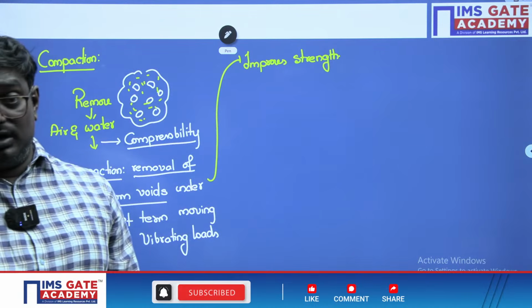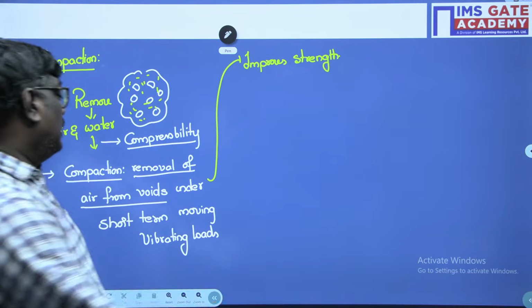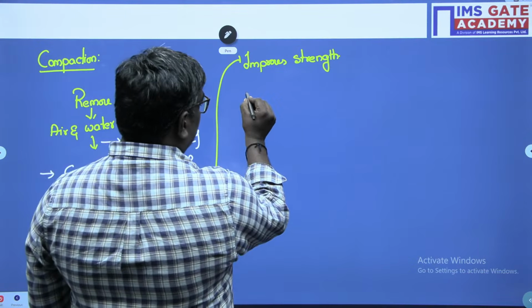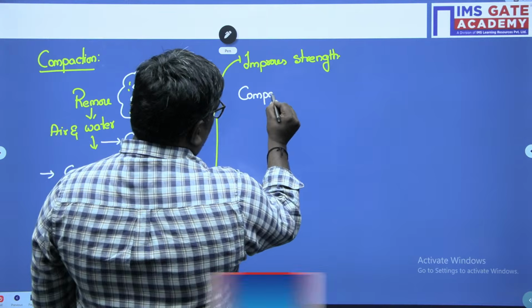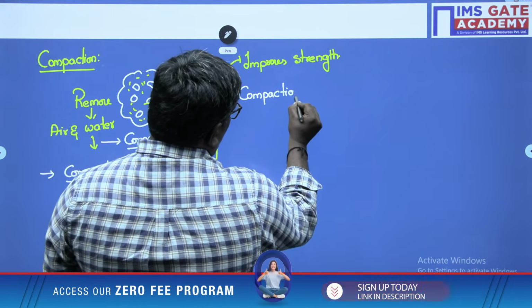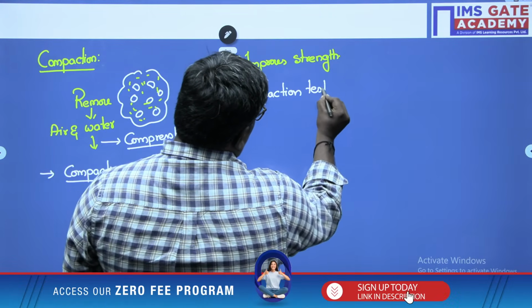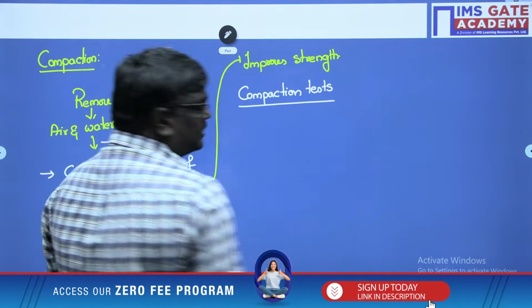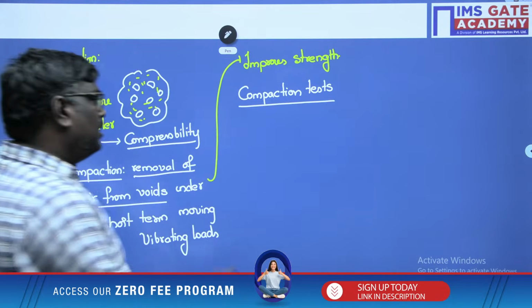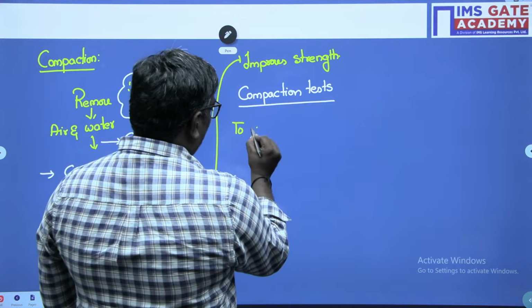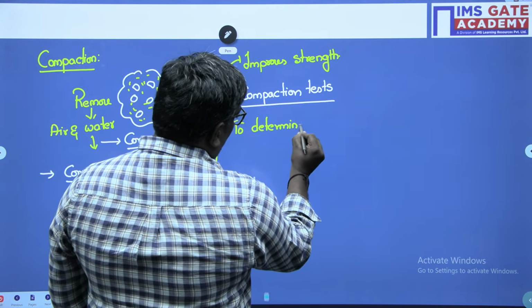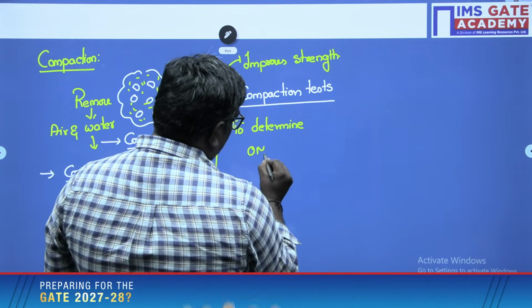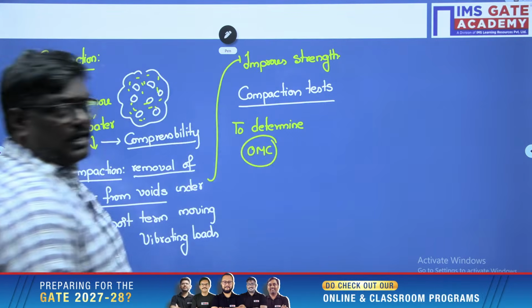Thereby it will improve the strength of the soil. Now we have different tests, compaction tests. Why do they do compaction tests? They do compaction tests to determine OMC, which means optimum moisture content.